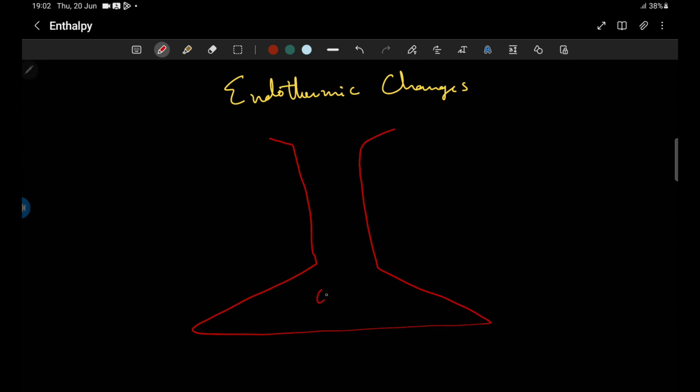It will feel cold when you touch it. It will take heat from the surroundings. So let's just have the arrow like this. So it absorbs heat from the surroundings.